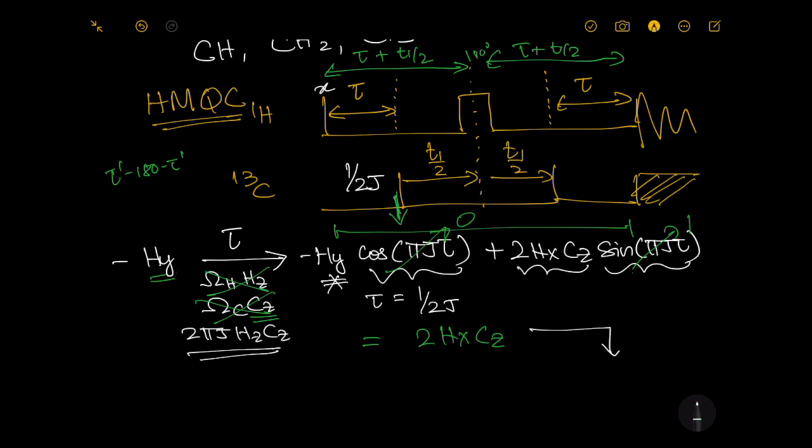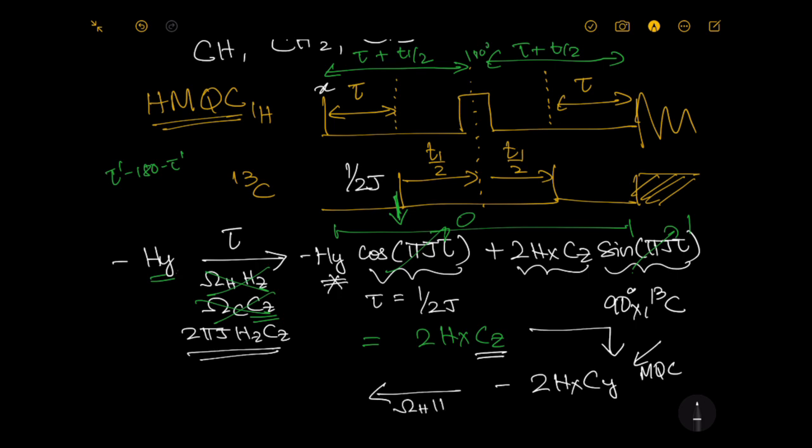The next thing you do is apply a 90-degree pulse only on the carbon channel, giving 2HxCy. And importantly, unlike the HSQC, which had a single quantum antiphase term, here you can see it's a multiple quantum coherence term. Once again, what are all the parameters that could evolve here? You could have proton chemical shift, carbon chemical shift, and the J coupling.